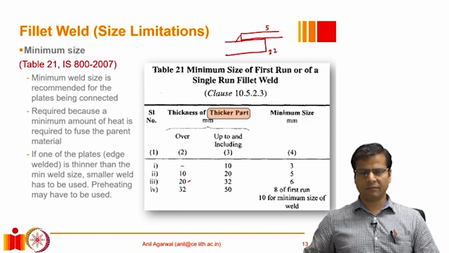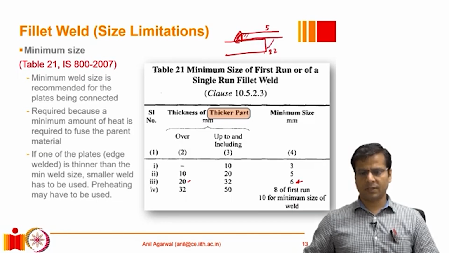If we have to provide a fillet weld here, a 22 millimeter thick plate requires that we provide at least a 6 millimeter fillet. However, since the other plate is only 5 millimeter thick, I cannot provide a 6 millimeter fillet weld here.